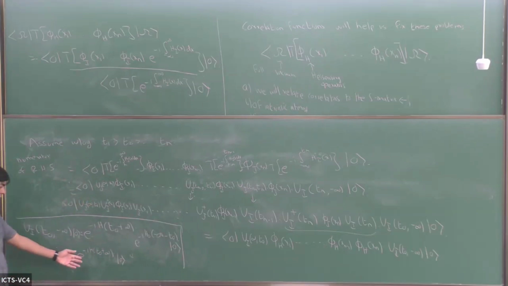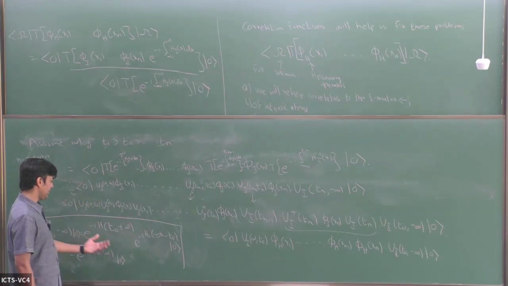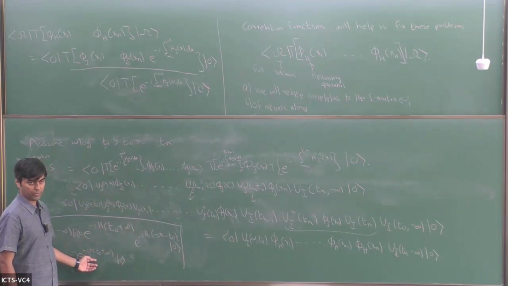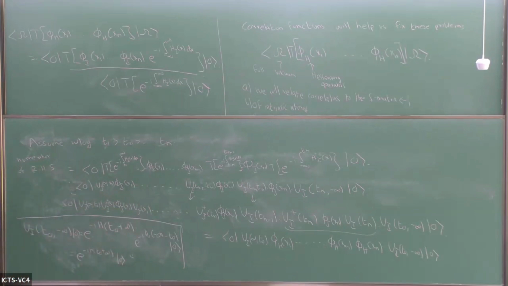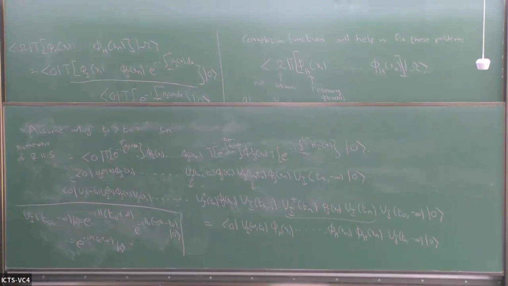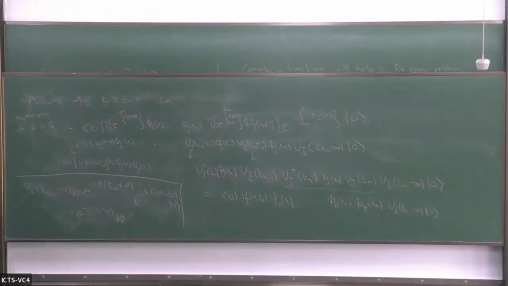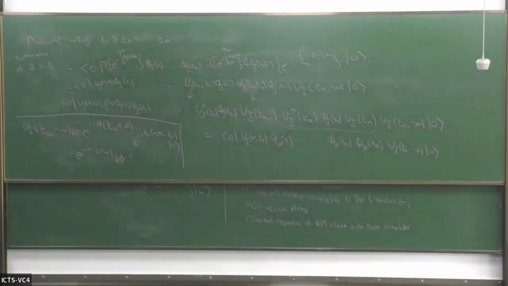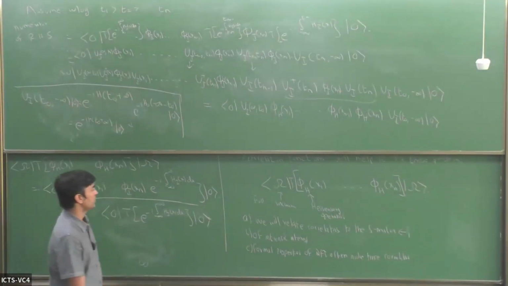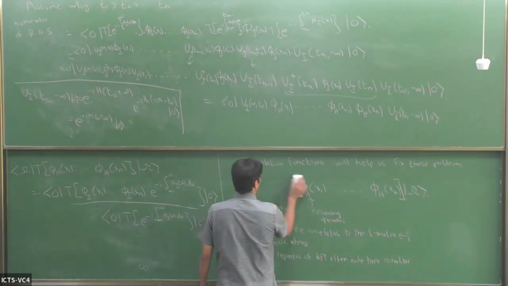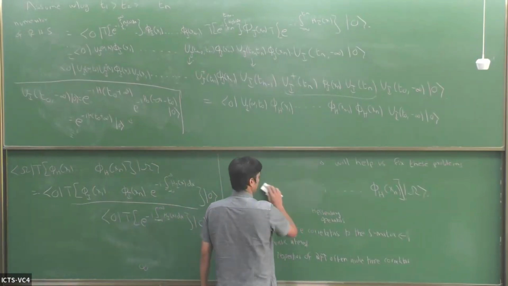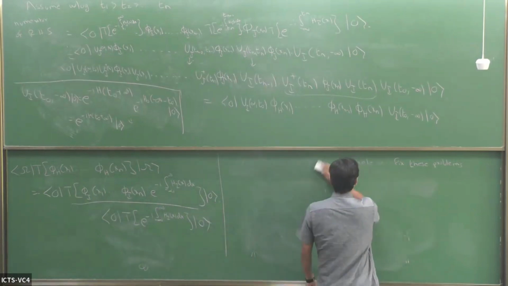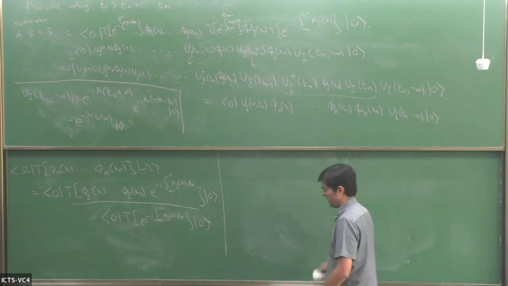Now what is this quantity? This is the full Hamiltonian acting on 0, where you're taking a state and evolving it for an infinite amount of time with the full interacting Hamiltonian. What happens when we do this? Well, this state 0 that we have is not the vacuum of the full Hamiltonian, right?